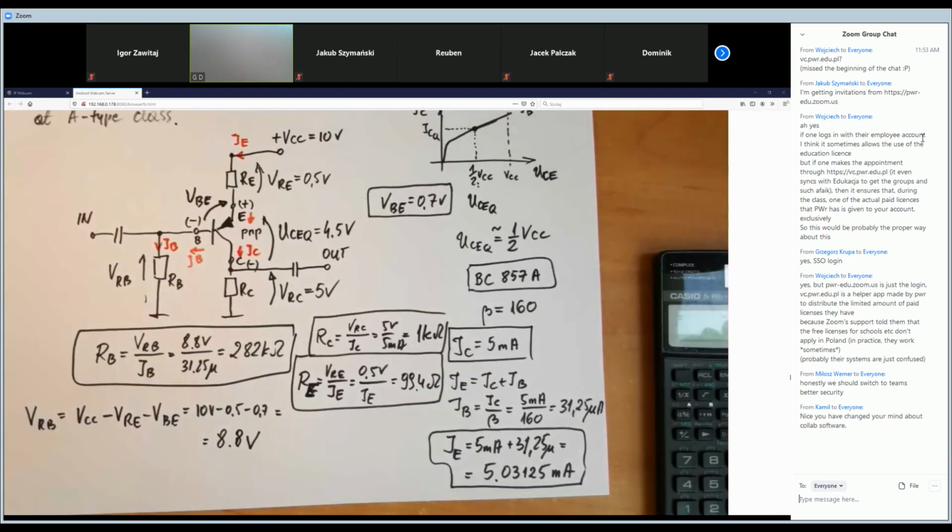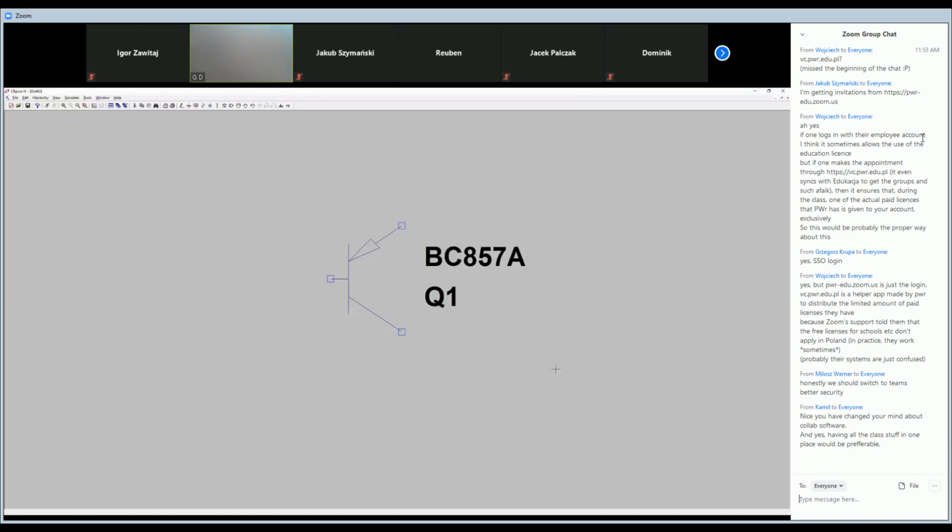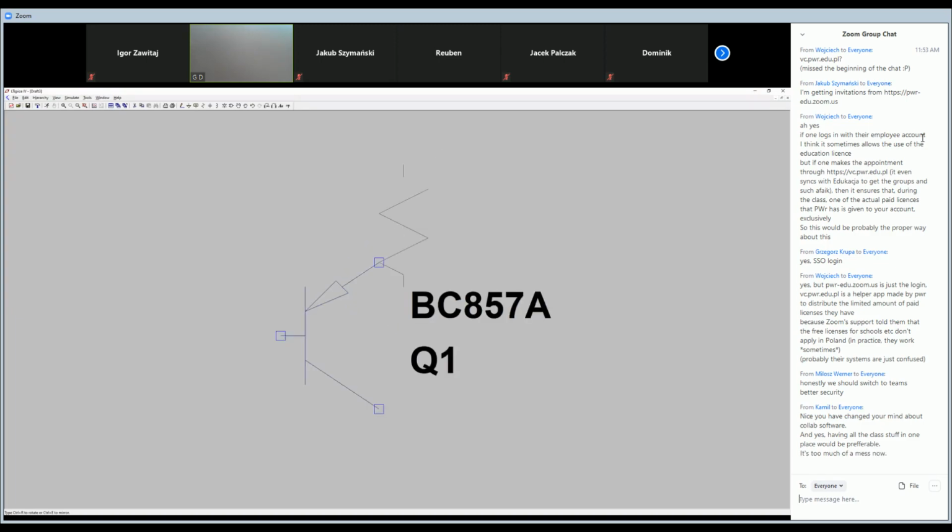So I think we can check it. In fact, our designed amplifier based on a PNP transistor, we can check it using LTSpice. All right. So I have to switch to LTSpice again. So this is our transistor. Very quickly, we have to put here the resistances.